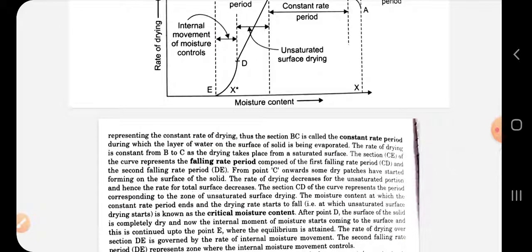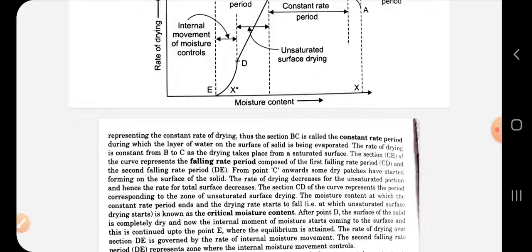Thus, the section BC is called the constant rate period, during which the layer of water on the surface of the solid is being evaporated. Only the surface moisture is being evaporated. The rate of drying is constant from B to C as the drying takes place from a saturated surface. Section CE of the curve represents the falling rate period, composed of the first falling rate period CD and second falling rate period DE.